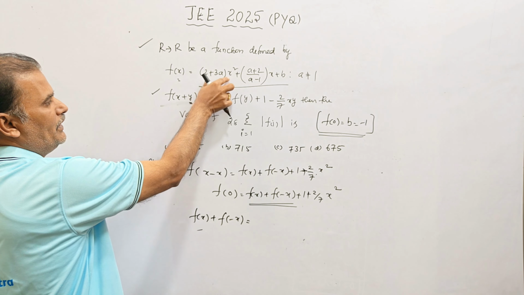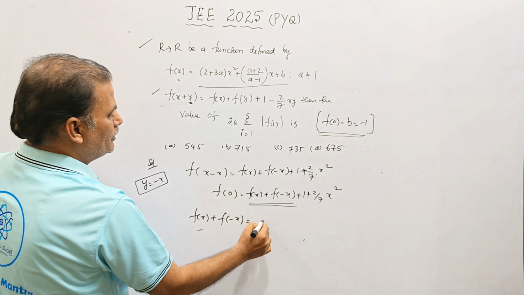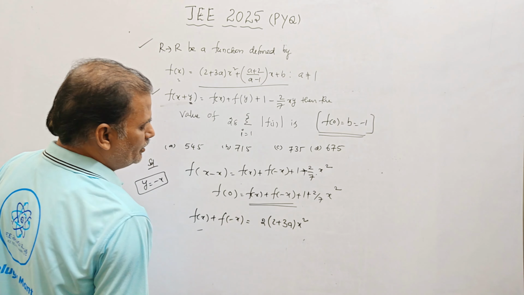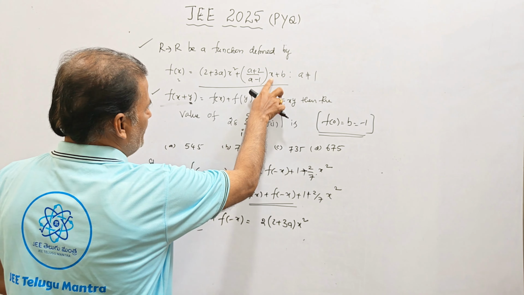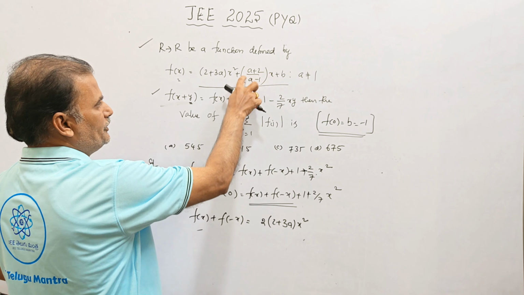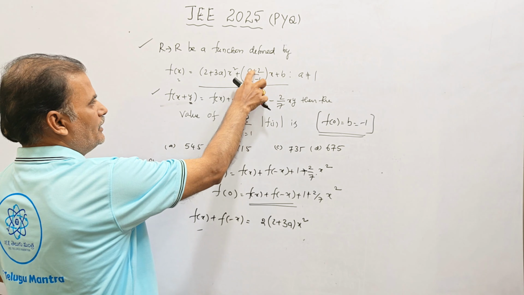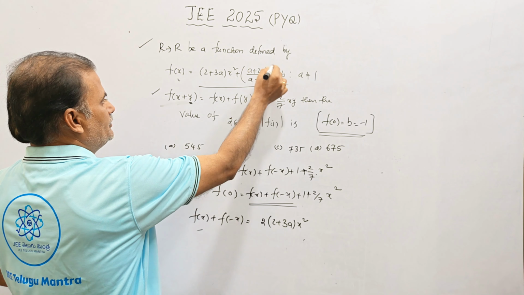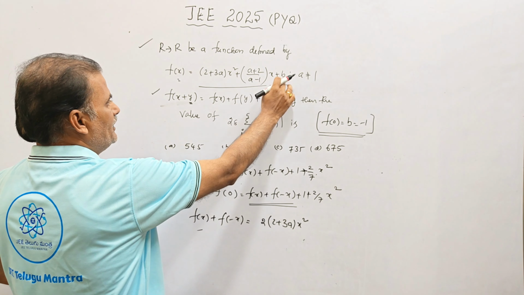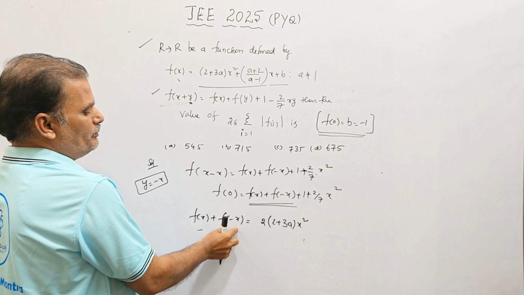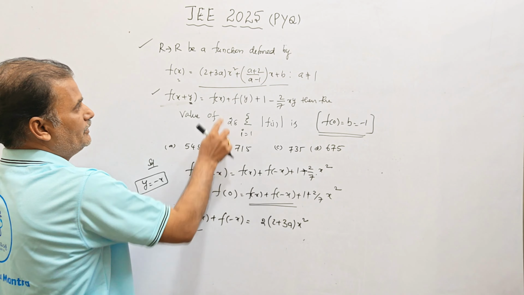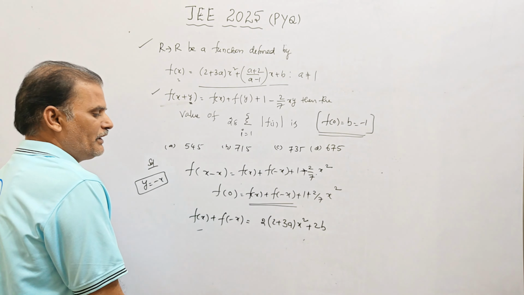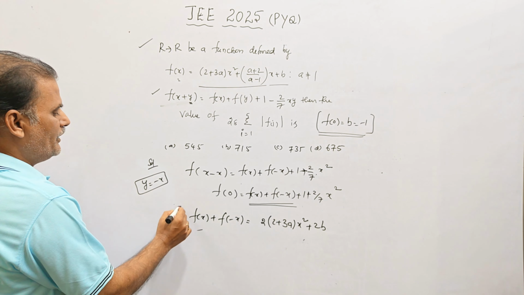Therefore 2 into 2 plus 3a into x square, 2 times. And here in the place of x, minus x: a plus 2 by a minus 1 into x and a plus 2 by a minus 1 into minus x. Minus x plus x cancel, this term is closed. And here f(minus x) is b, f(x) also is b. Therefore, b plus b, 2b, just by adding these two.